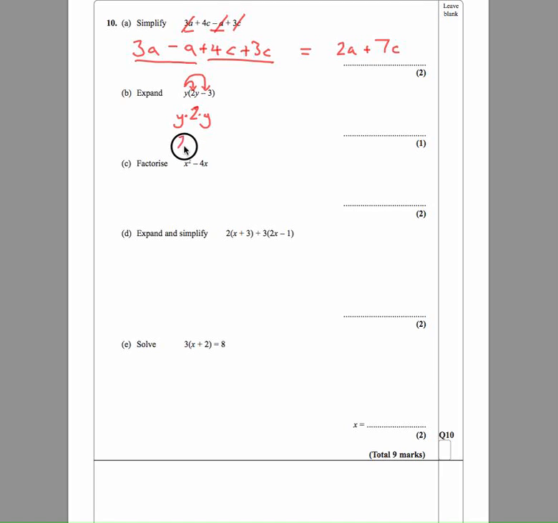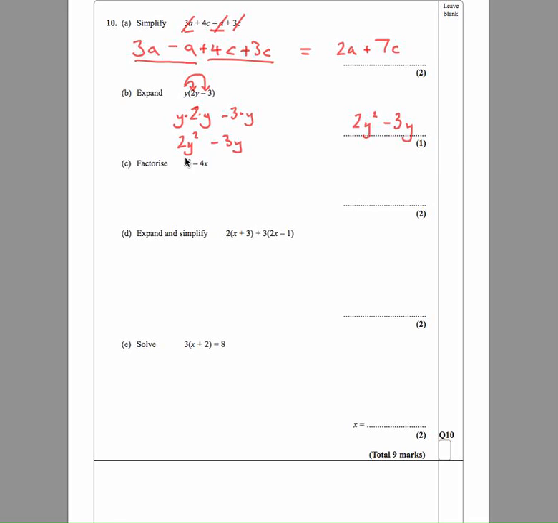So that's going to be 2y squared. And then y times negative 3, negative 3 times y, that's going to give us negative 3y. And that's it. Okay, so 2y squared minus 3y.